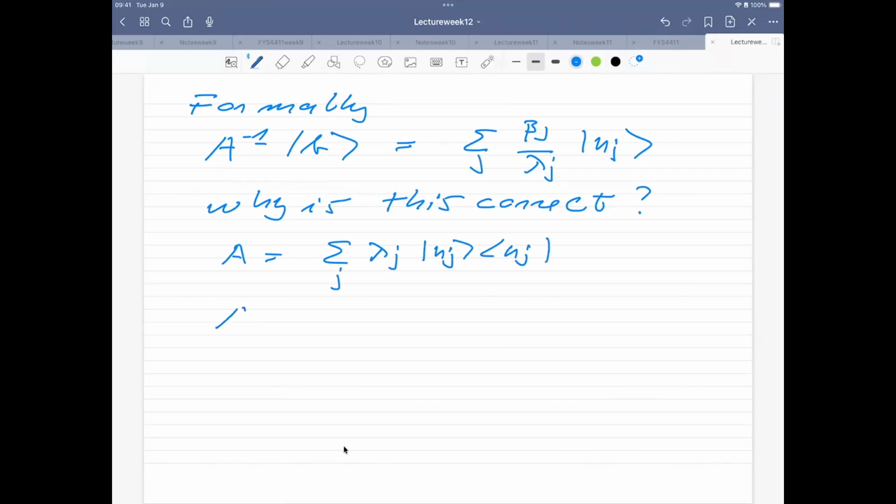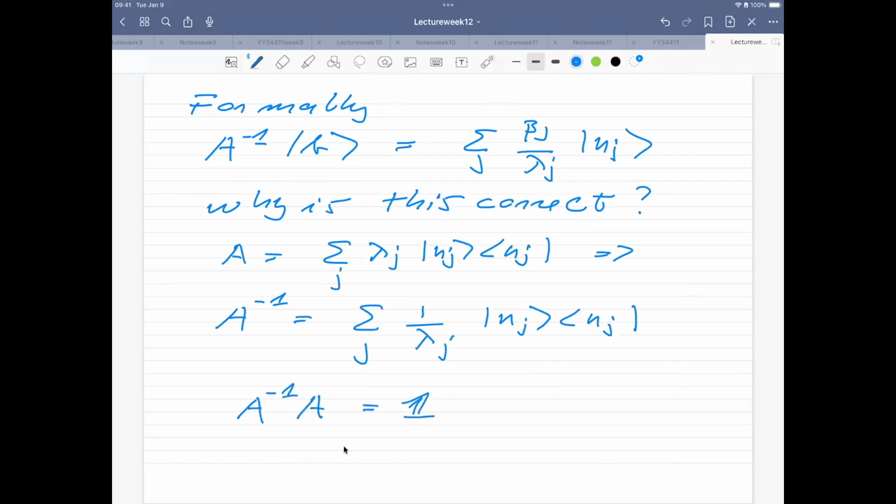And you can easily show that, so I'm just going to state it, the inverse of that matrix in the spectral decomposition is the sum of 1 divided by lambda j and Uj Uj. And we know that when we take the matrix A minus 1 times A, this has to be equal to the identity matrix. Okay? So this is an important aspect.